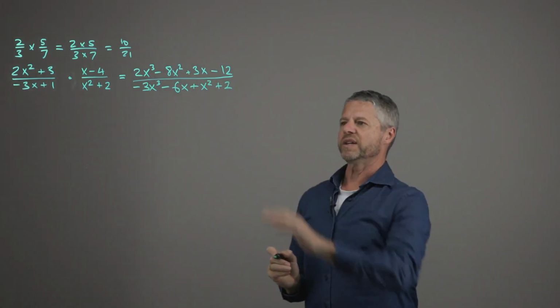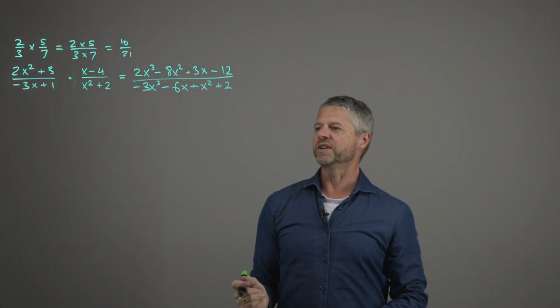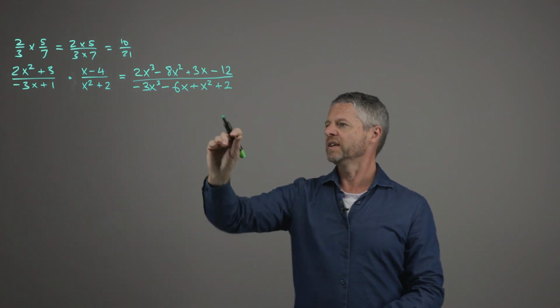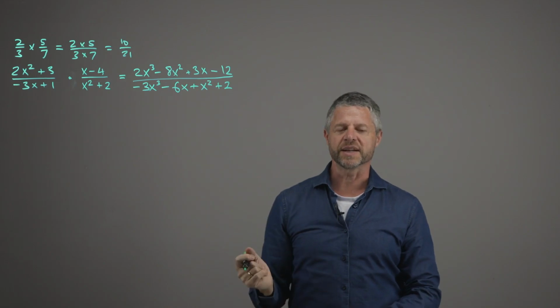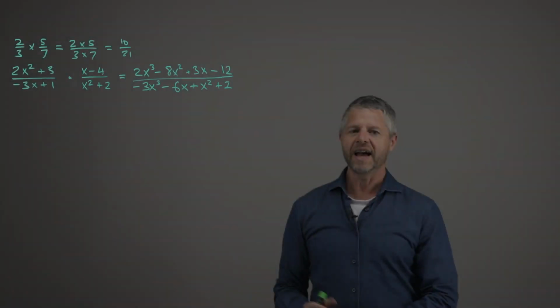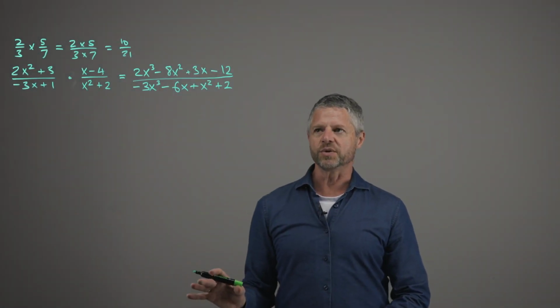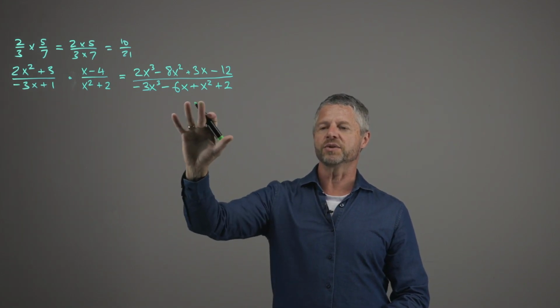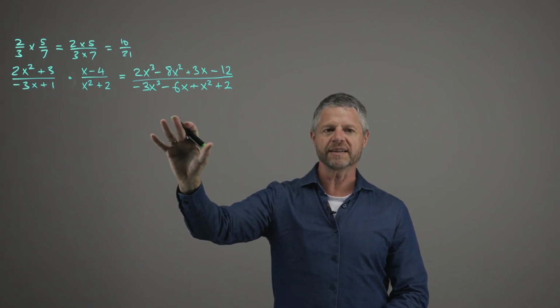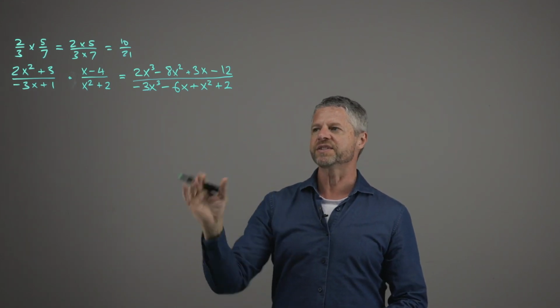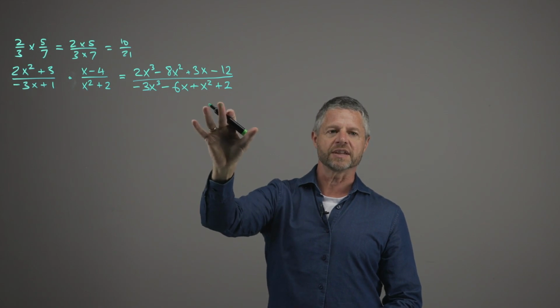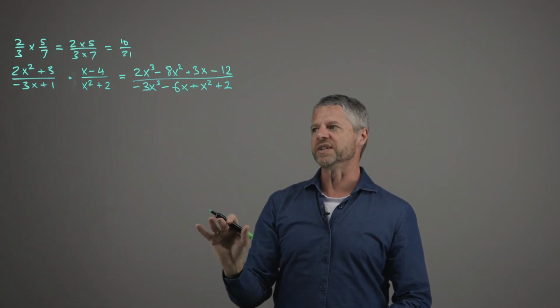Okay, so I've ended up with another rational expression, and in this case we can't simplify this one any further. And just as in the last video, we always need to make sure that our domain is defined when we're dealing with rational expressions, and in particular we can't have the denominator be equal to 0.